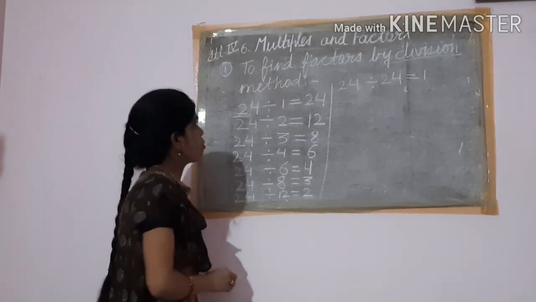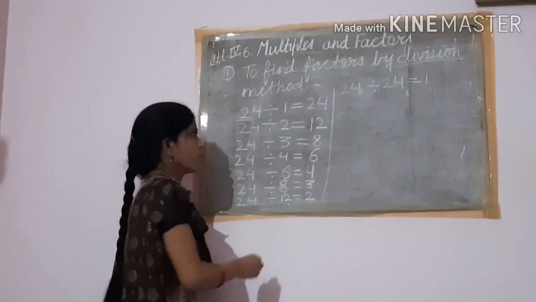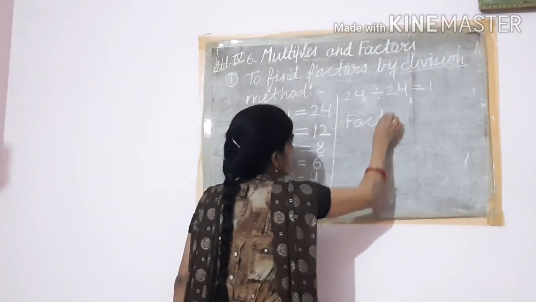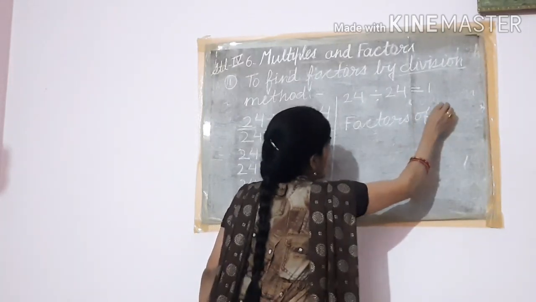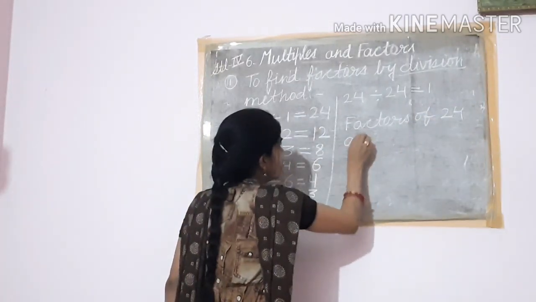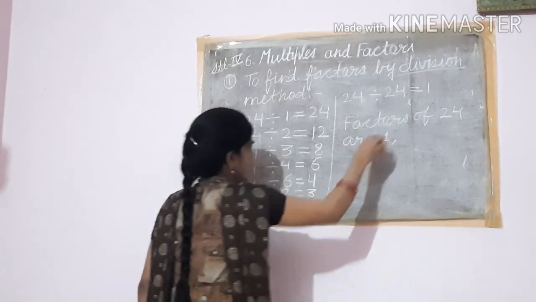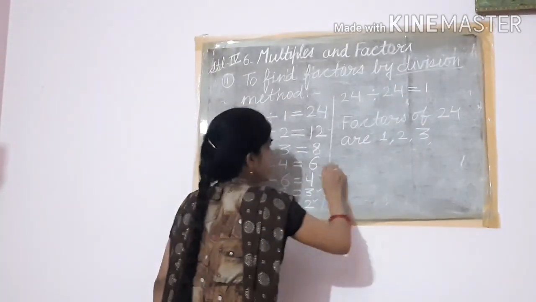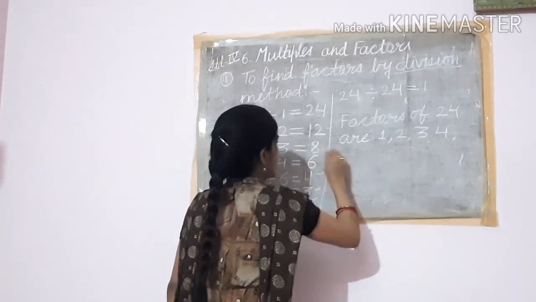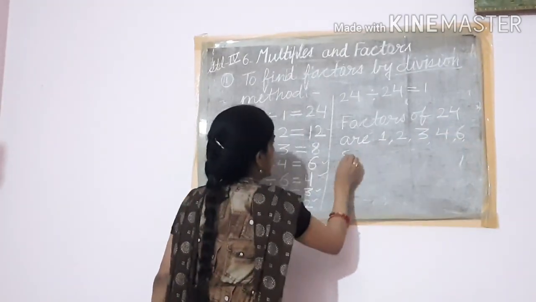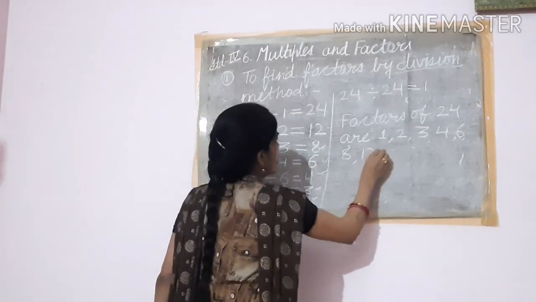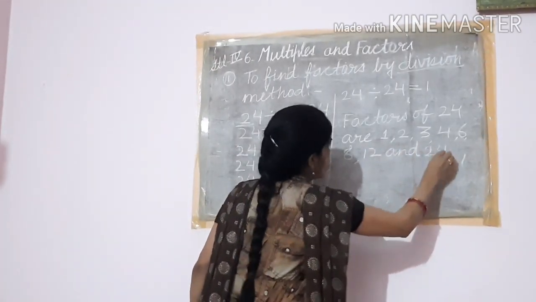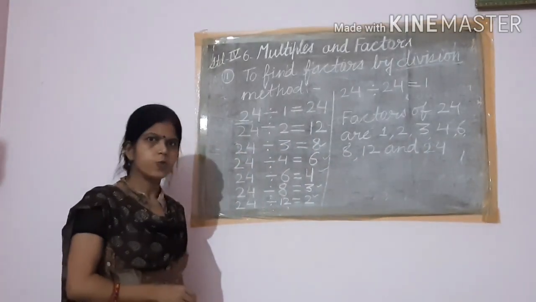Factors of 24 by the division method are, we will write in ascending order: 1, then 2, then 3, then 4, 6, 8, 12 and 24. So these are the factors of 24.